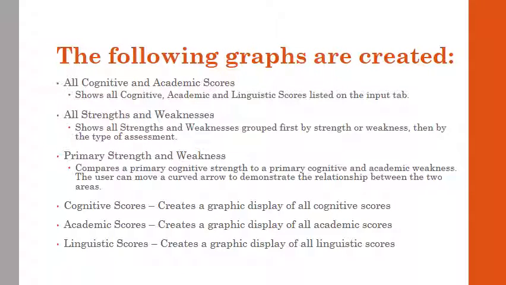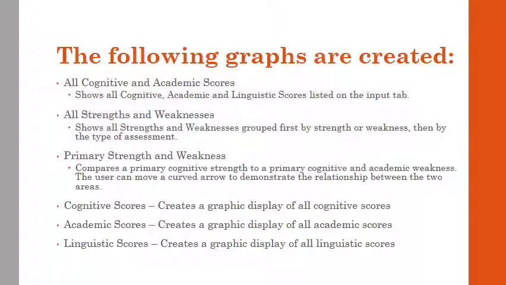The following graphs are created automatically. An All Cognitive and Academic Scores graph that shows all of the cognitive, academic, and linguistic scores listed in the Input tab. An All Strengths and Weaknesses tab that shows all of the strengths and weaknesses grouped first by strength or weakness, then by the type of assessment.